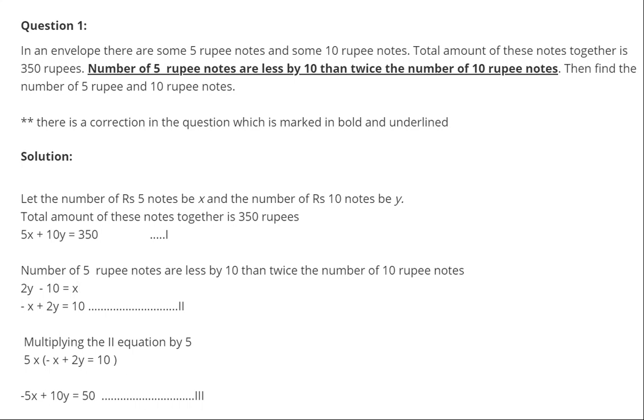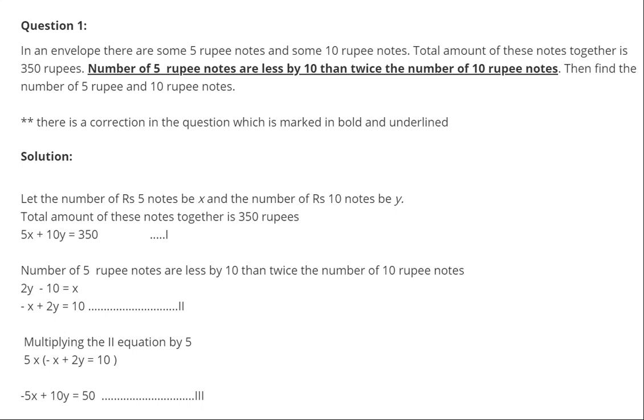So 2y minus 10 is equal to x. This plus x, you move on to the left hand side, will become minus x, and this minus 10, you move on to the right hand side, will become plus 10. So we got a second equation.